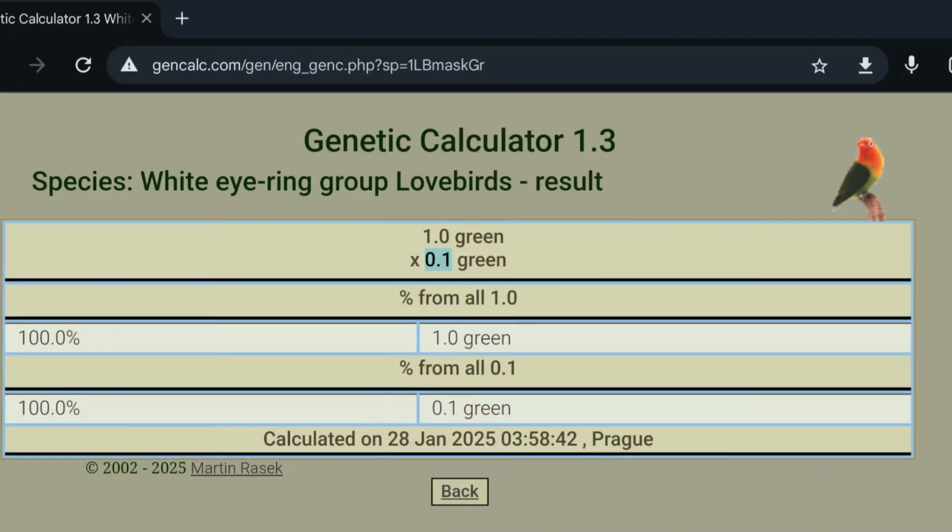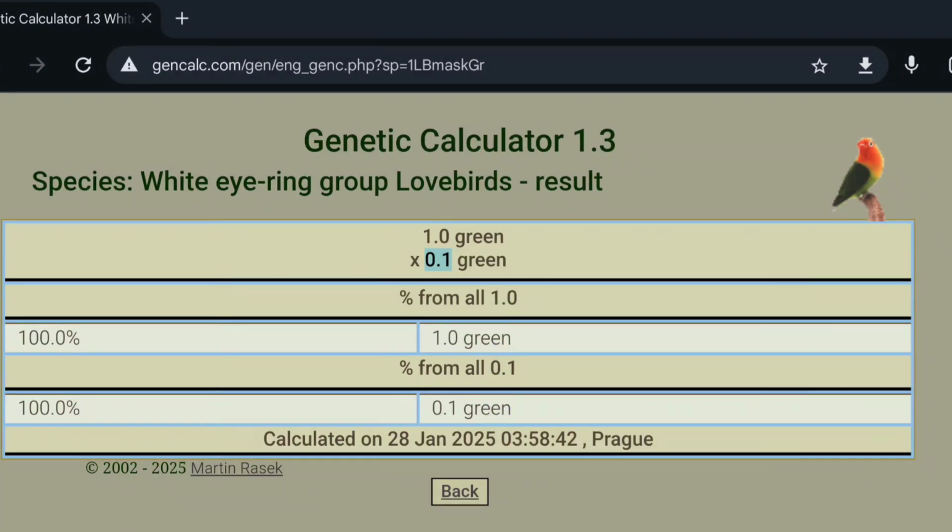When we say percent from all 1.0, it is talking about the male babies which you are going to get, and when we say percent from all 0.1, it is talking about the female babies which you are going to get. So as you can see, we have put nothing in the parents column, or any details of the parents here, but still we see green and green.